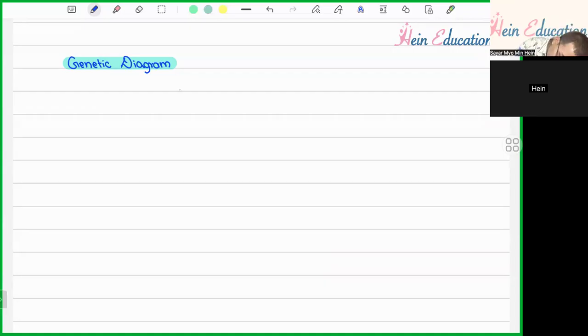We are going to cross a homozygous tall plant with a homozygous dwarf plant. That is the scenario that we created.